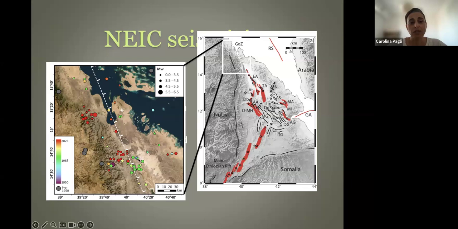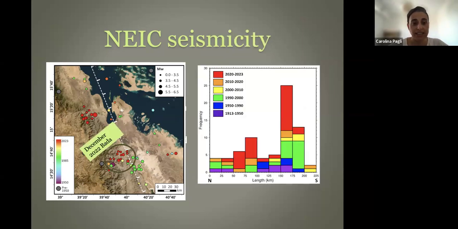But before that, I want to show you that the sequence that occurred in this sector was truly anomalous because this is the NEIC seismic catalog, and it shows all the seismicity that occurred in the area historically. What you can see is that in red, you have this 1 year sequence with a cluster in Bada and then another one in Massawa, one in December 2022 and then in August 2023.